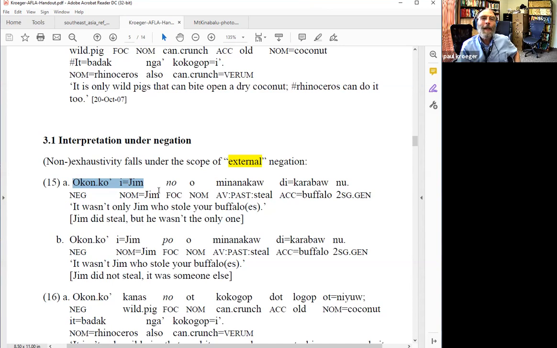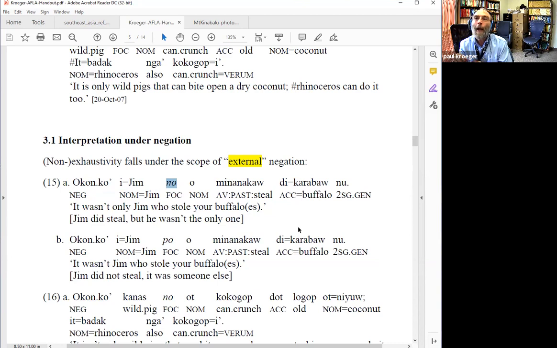In any case, negation of the cleft with okon takes scope over these exhaustive or non-exhaustive elements of meaning, which is interesting partly because when no or po co-occur with normal standard negation, that's in their aspectual functions, then the aspectual functions of no and po always take scope over negation.